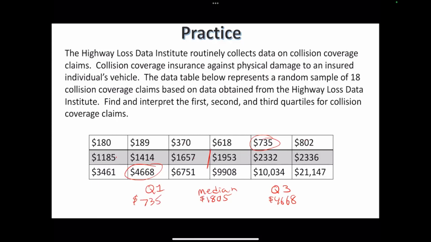I'm going to quickly show you the calculator. You don't have to put them in because we did this last class. We put the things into the L1, unless you need more practice with that, and we ran one variable statistics. Hopefully you've been playing with it and you're feeling better. But I'm going to show you that one variable statistics screen and how it can help you.